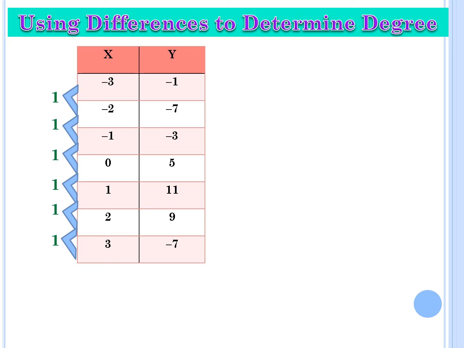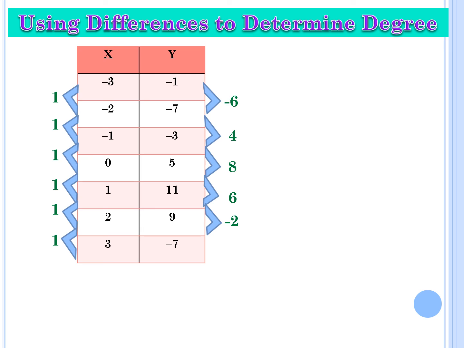Well, to go from -1 to -7, that's a difference of 6, so that's a subtraction of 6. -7 to -3, that's an increase of 4. -3 to 5, that's an increase of 8. 5 to 11, that's an increase of 6. 11 to 9 is a decrease of 2.